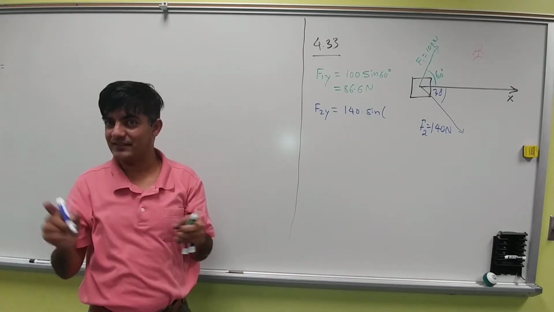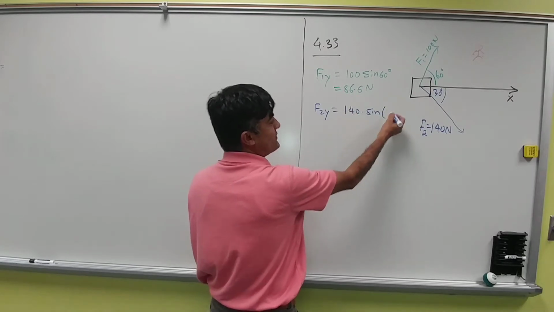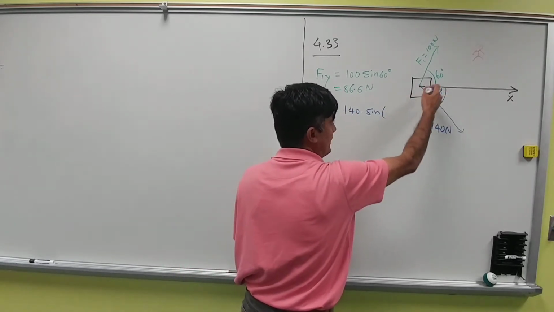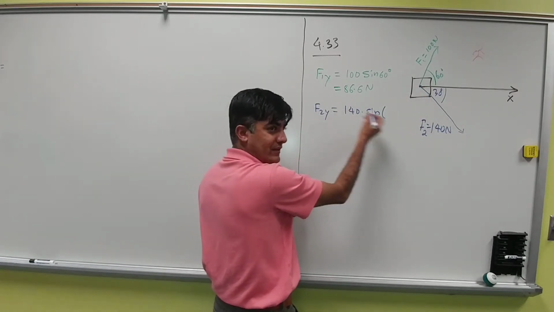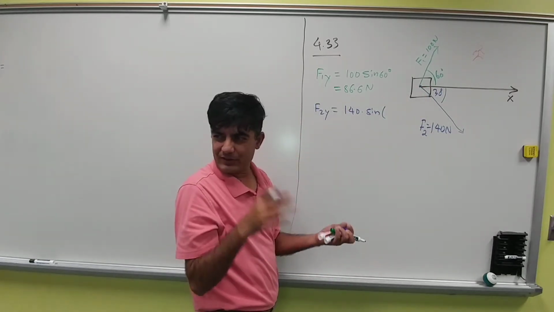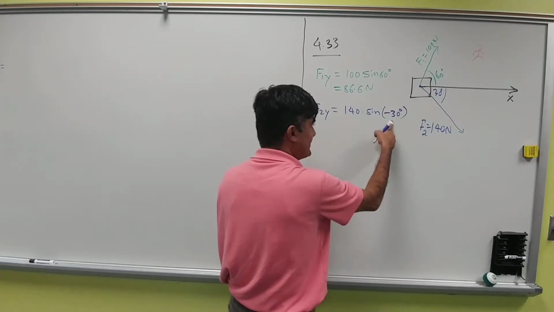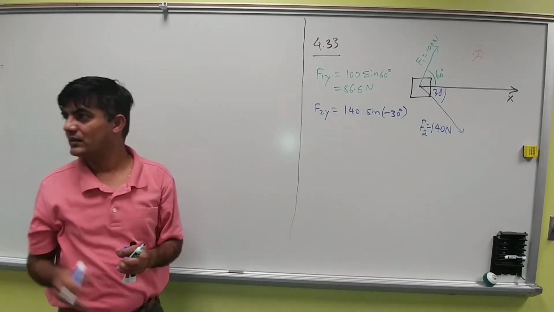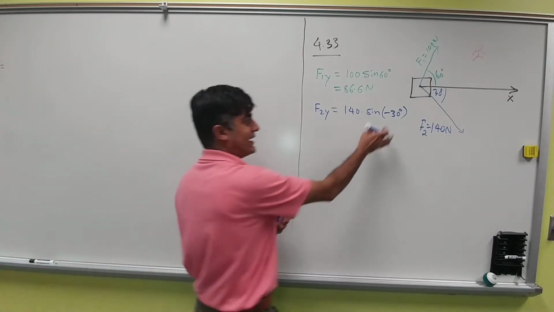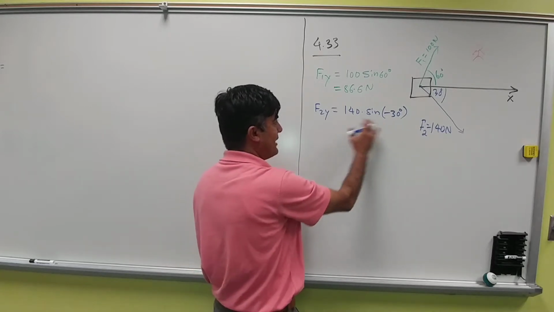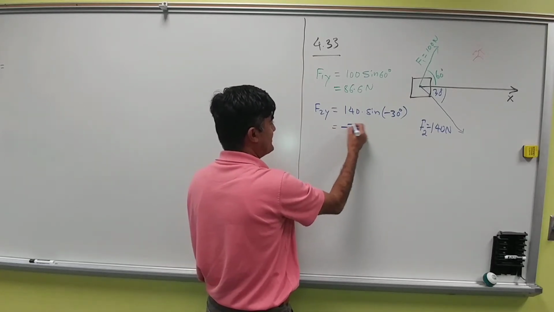Minus 30. Or you can do minus here and use sine 30, it's the same thing. Sine minus 30 will be minus half. Half of this guy will be 70, so minus 70. Very good.